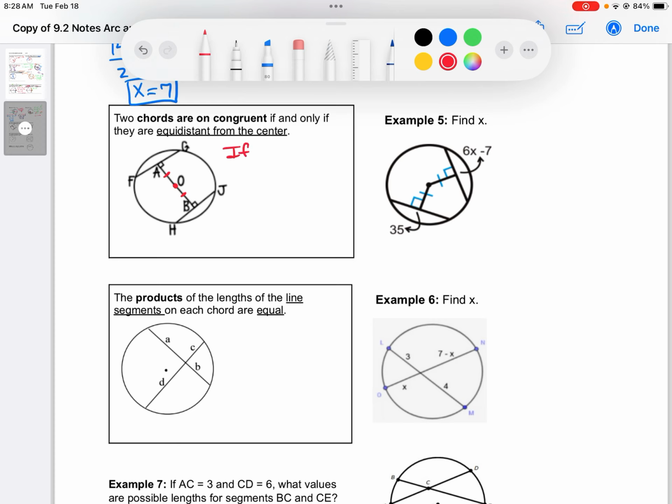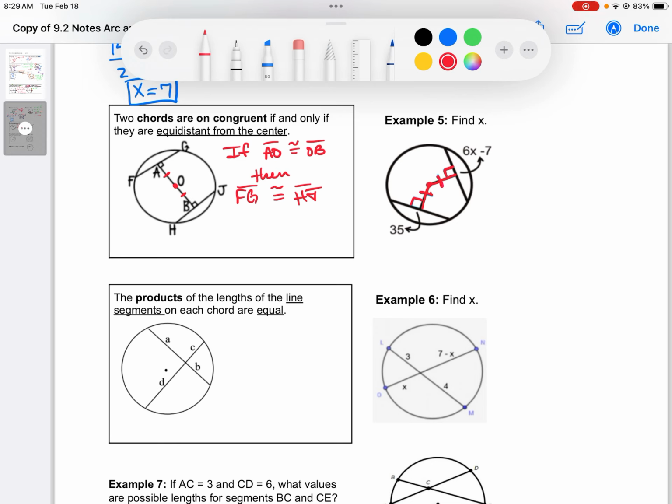So what we would say here is if the distance A to O is congruent to O to B, then the 2 chords, FG and HJ, are congruent if we can prove that they're both equidistant from the center. And over here, using our example number 5, we can see these are at right angles to each other. That means they're both coming from the center at the same approach to the chord.